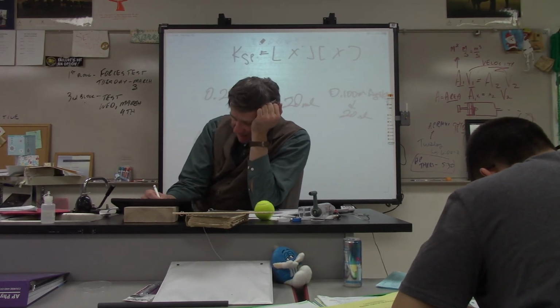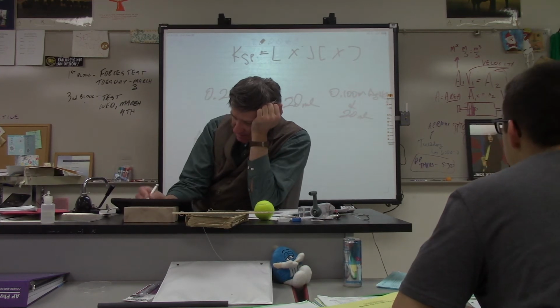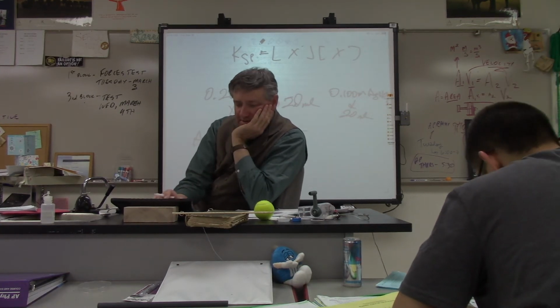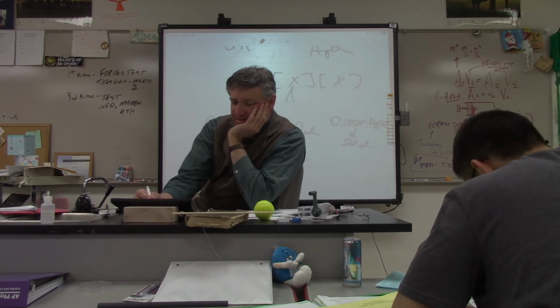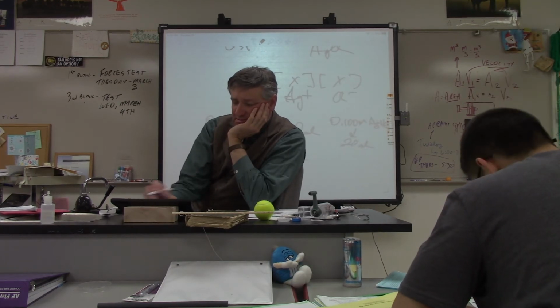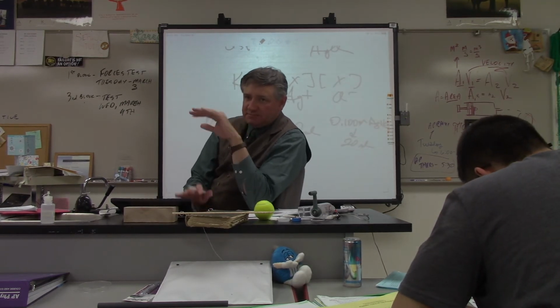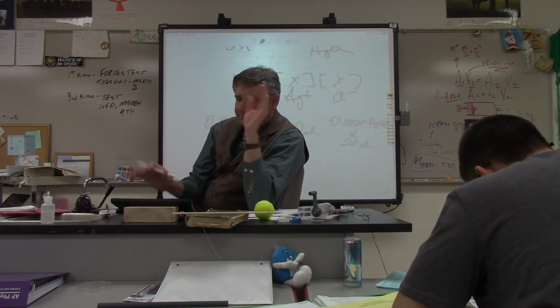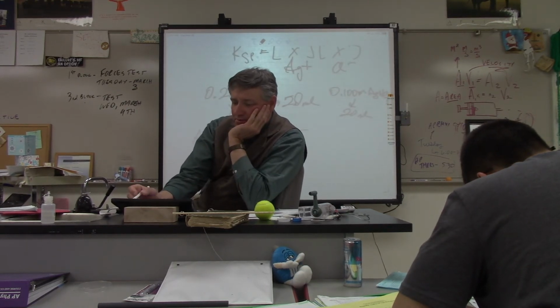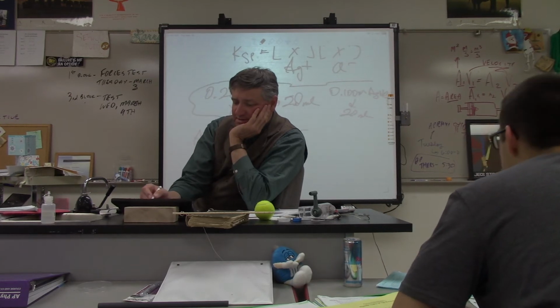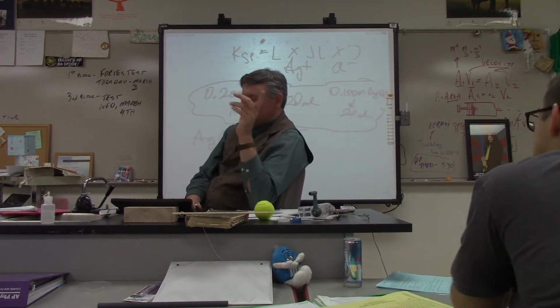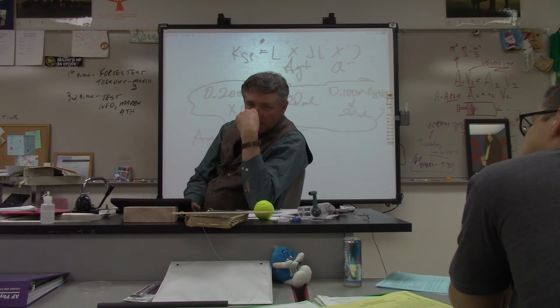So that's going to be ionized into Ag and Cl. So your KSP would be your silver ion concentration times your chloride ion concentration. Everybody cool with that? So remember, when you calculate QSP, QSP is like a snapshot. It's going to tell you which direction this thing is going to go.